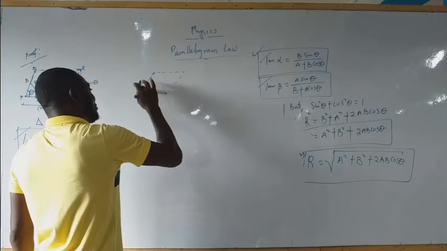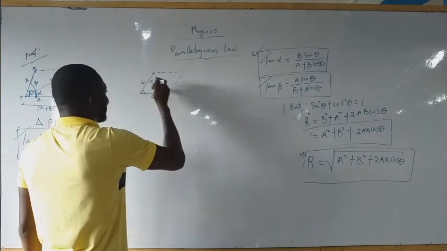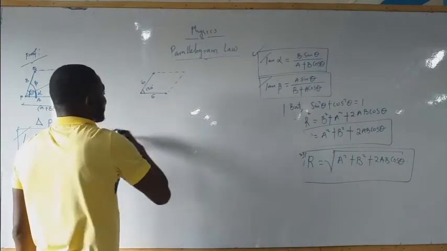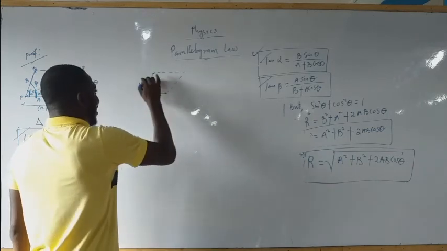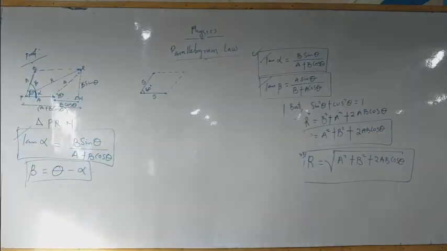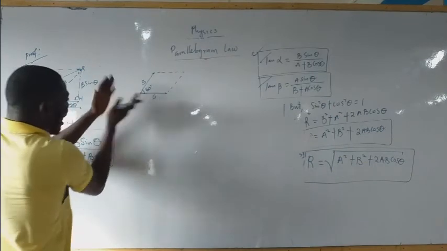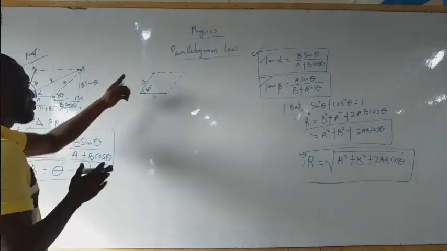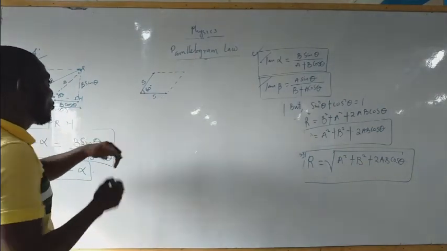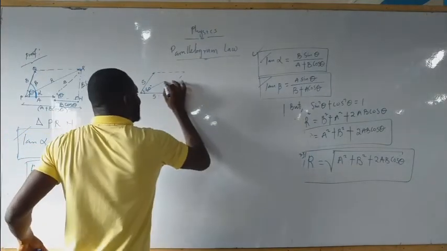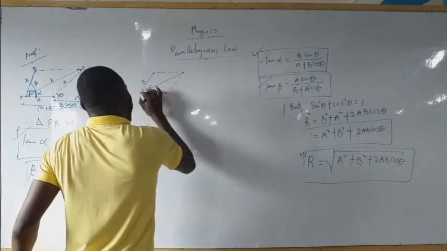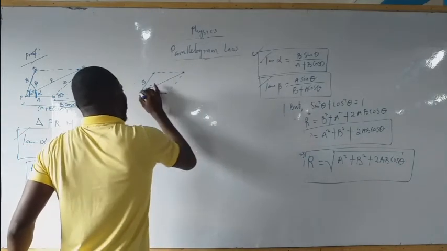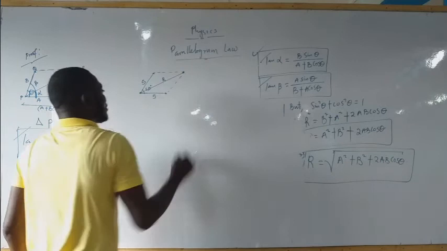The angle between them is 60 degrees. What will be the resultant? The resultant is obtained by joining the two common points, and that gives us the resultant.